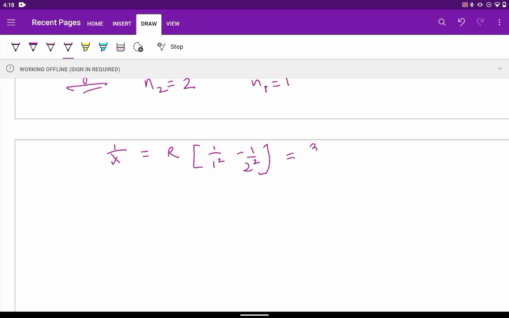So it will be 3 by 4 R. So lambda will be equal to 4 by 3 R. That is equal to 4 divided by 3 into, put the value of R, 109678.